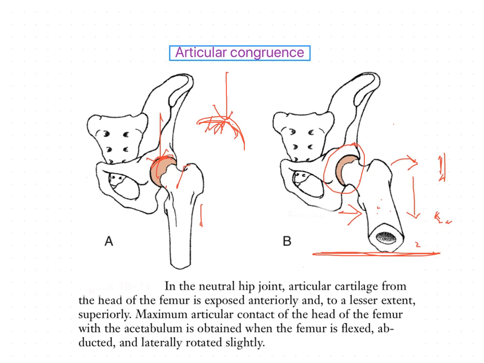Also, there is an additional contribution to articular congruence from another joint structure, which is non-articular and non-weight bearing, called the acetabular fossa.